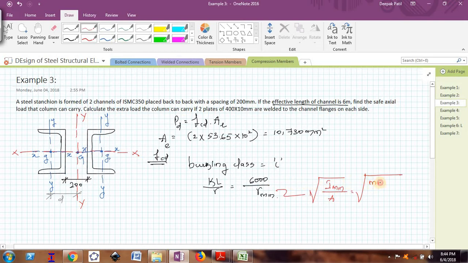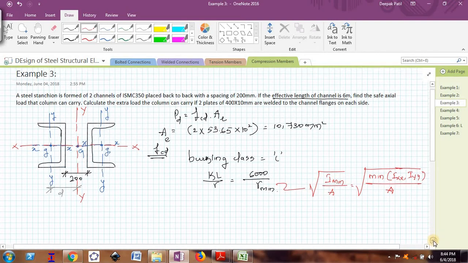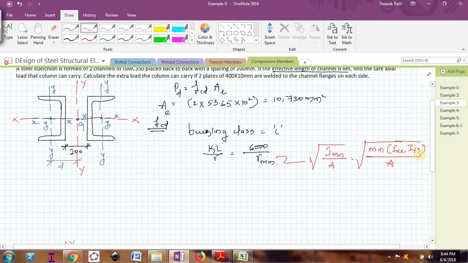So I can write it as minimum of IXX and IYY, whichever is minimum that I have to put, divided by A, the area of both the channels together. Now I need to find which axis is minimum and which is maximum.